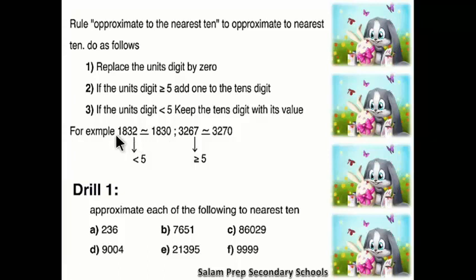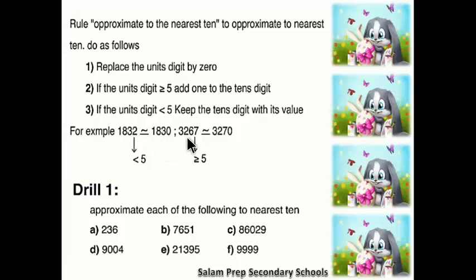All digits after tens, we will write them the same. 8 and 1. 8 in hundreds, 1 in thousands. So 1832 is approximated to the nearest 10, 1830.